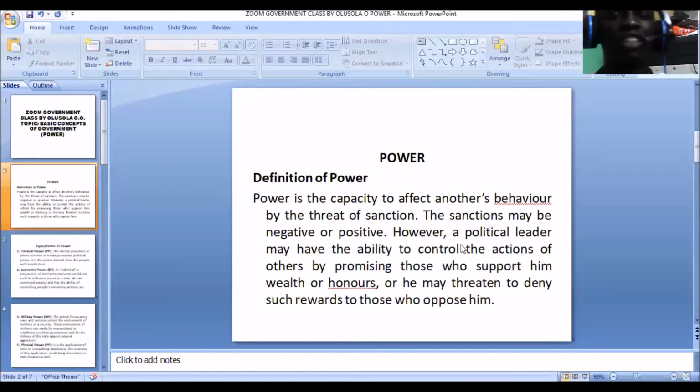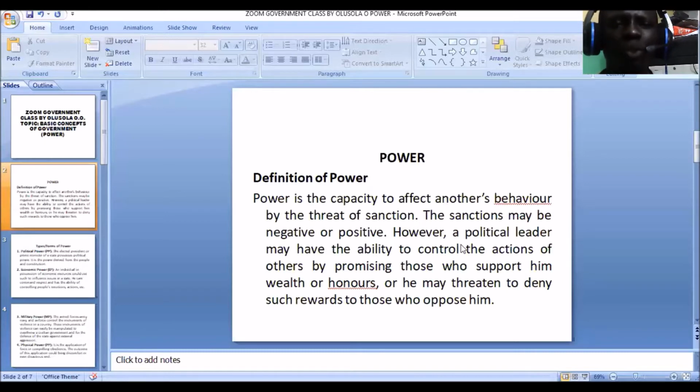Then political leaders also use power. That's why we're looking at it from a governmental perspective now. Political leaders, the president, the governor, the deputy governor, the vice president, the senators, the House of Representatives, rich men, they use power.